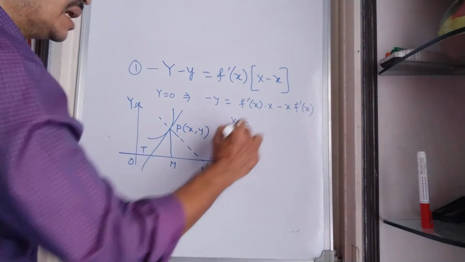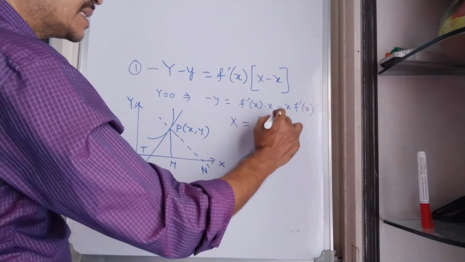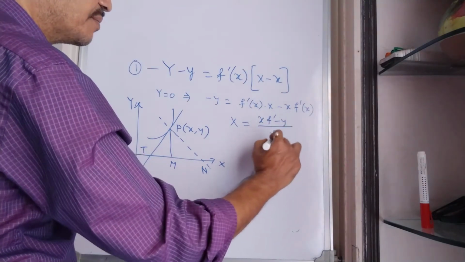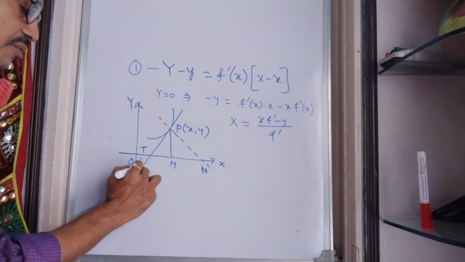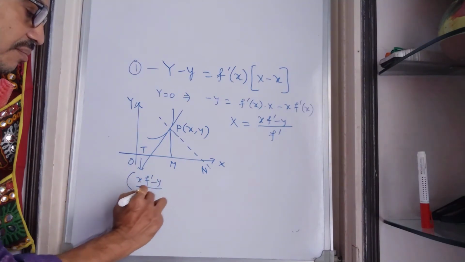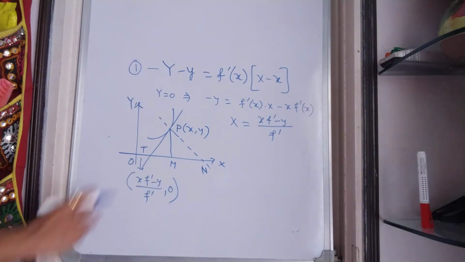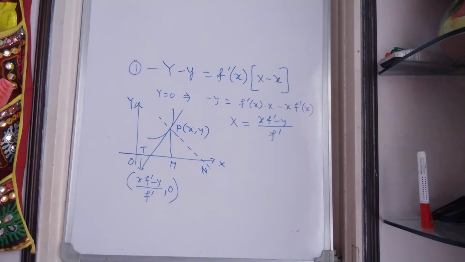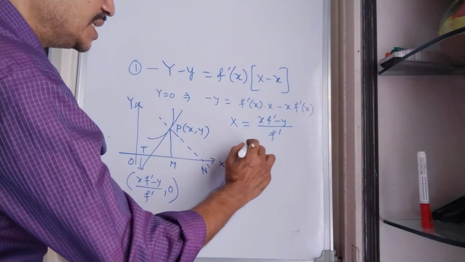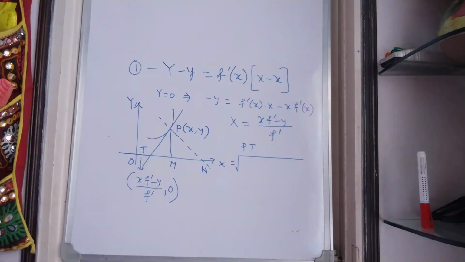And obviously, if we transpose this to the left hand side, X becomes x minus y by f prime. So this T point will have coordinates (x minus y by f prime, 0), isn't it so? This is the coordinate of the point T, and from this we can easily find the length of the tangent PT, which turns out to be the distance between these two points.